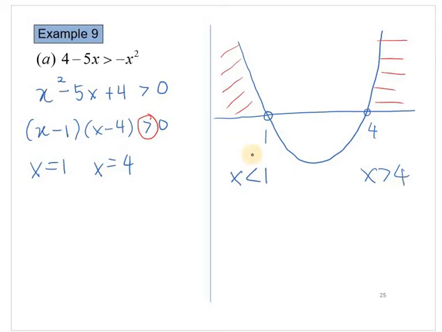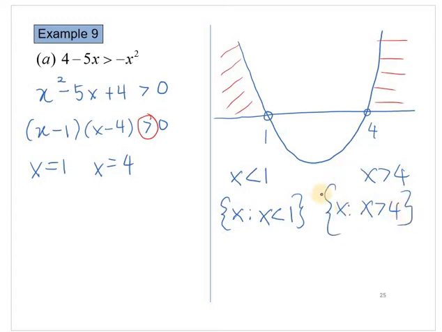How did we manage to get this answer? It actually represents the shaded region, right? So how to represent it into a solution set like we discussed previously. x less than 1, so we put x, colon, and close it. This one is x greater than 4, x, colon, close it.